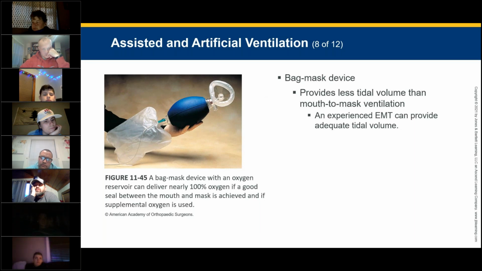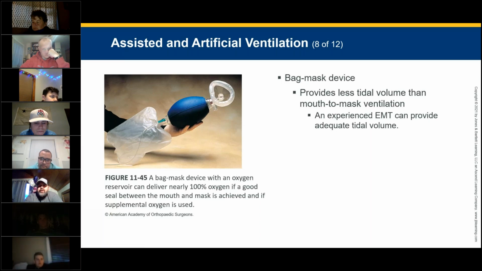It has an inline viral filter, an outlet valve that is a true valve for non-rebreathing, an oxygen reservoir that allows for delivery of a high concentration of oxygen, a one-way no-jam inlet valve stem that provides an oxygen flow rate at a maximum of 15 liters per minute, with a standard 22 millimeter fitting for your face mask or an endotracheal tube.